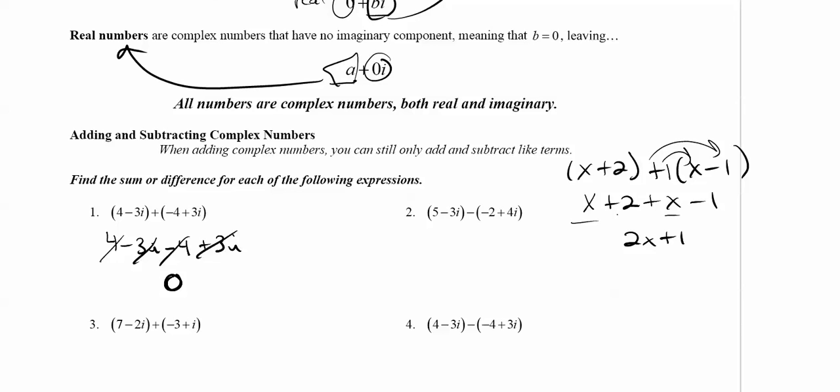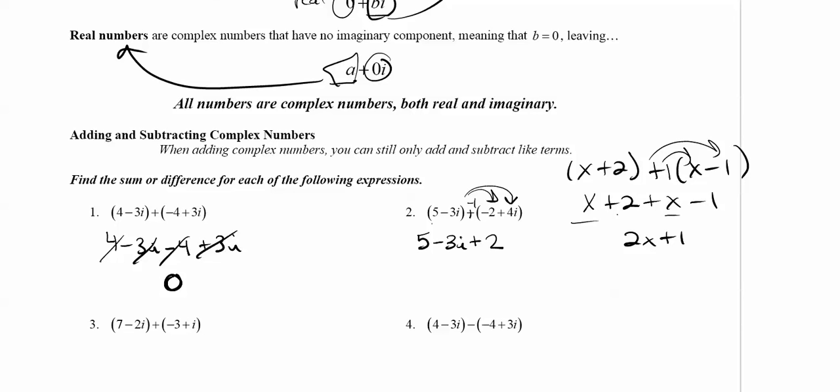Let's try it with another type of number. So 5 minus 3i, and then that would be minus negative 2i plus 4i. Well, the minus is going to make me multiply everything inside the parentheses by a negative 1. And so all the signs will change to become opposite of what they are. And so that would be plus 2.